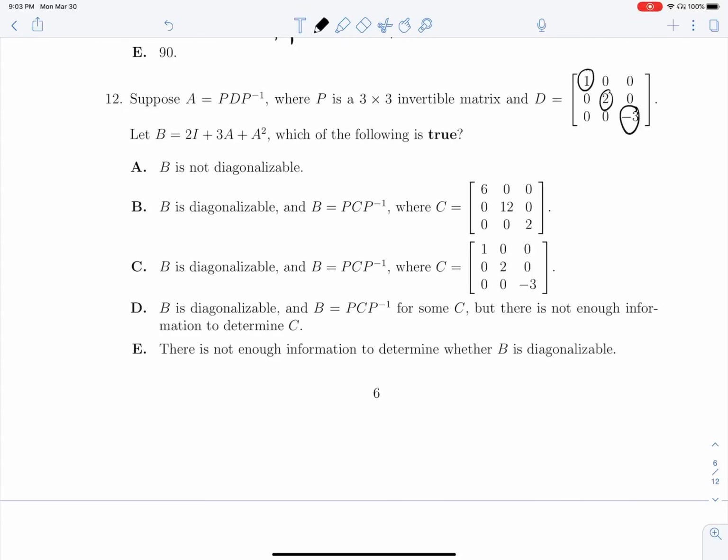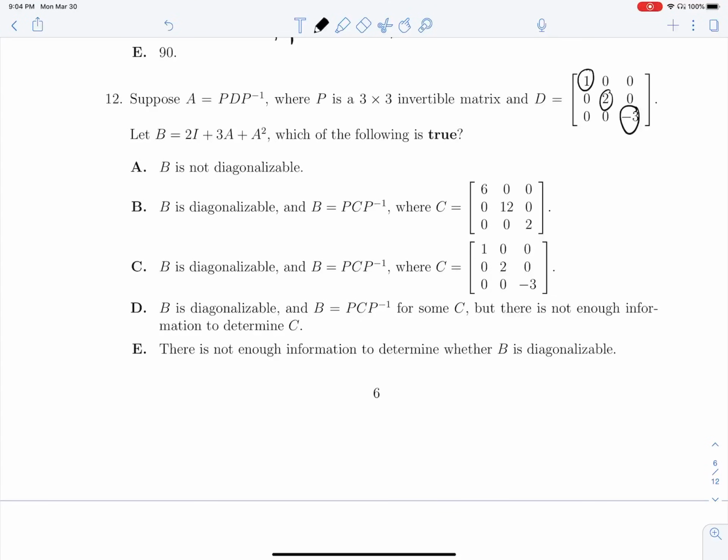We have diagonalized A right here. And essentially what this question is asking you to do is to recall a couple of facts, which they really didn't teach us, at least in my lectures, and I had to go find on my own, but that's fine because we know them now.